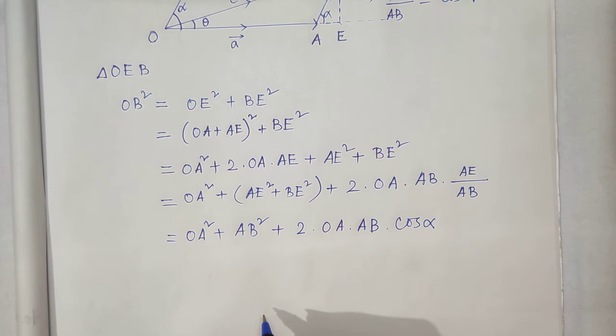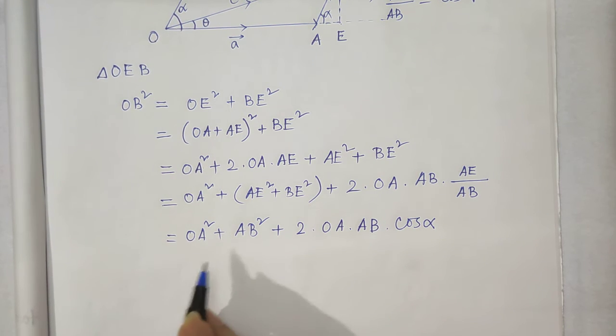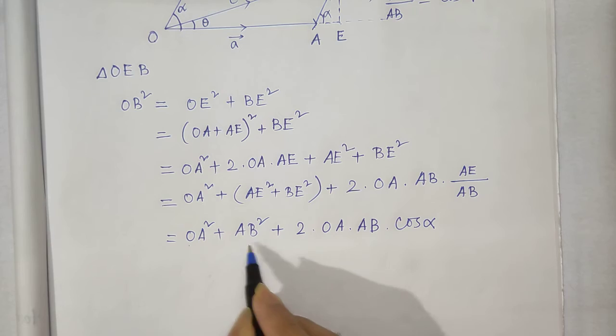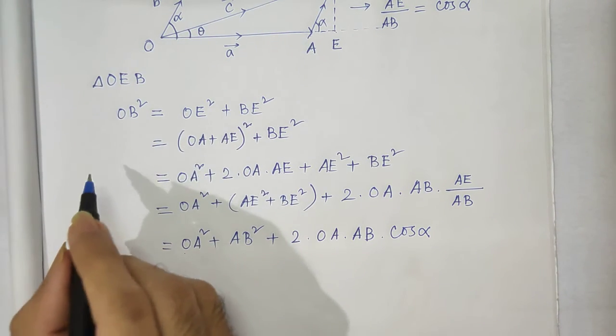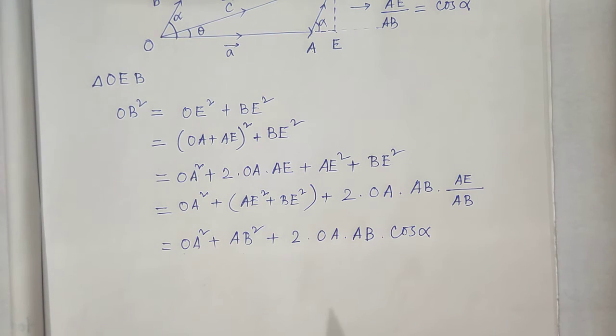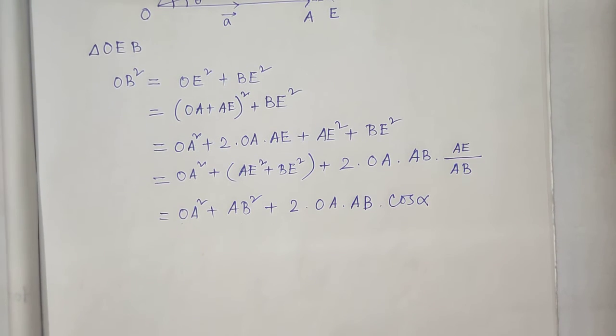Cos alpha. So now we will denote OA, AB and OB by the vector notation, and remember once again we will write the magnitude only.